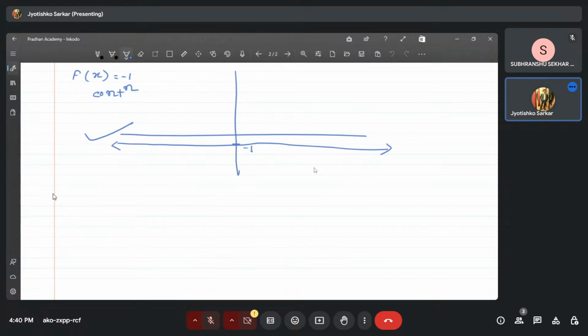Now we will move to the next problem. That's a good problem. Question number 4.